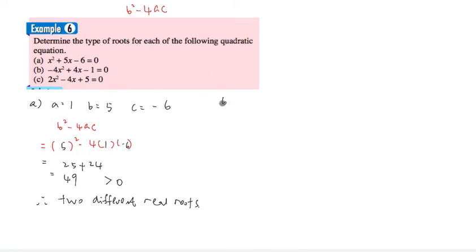Now B. Here a is negative 4, b is 4, c is negative 1. We use the discriminant, b squared minus 4ac. b squared is 16, and negative 4 times negative 4 times negative 1 gives negative 16. So 16 minus 16 is 0.